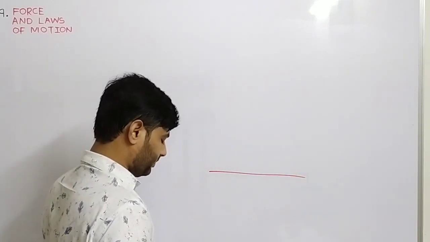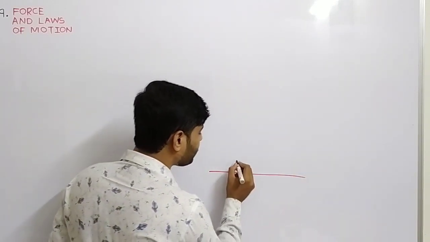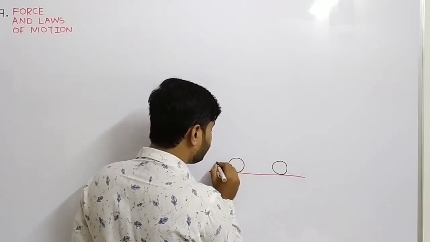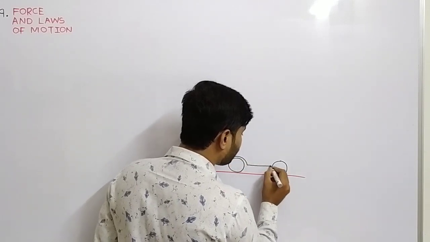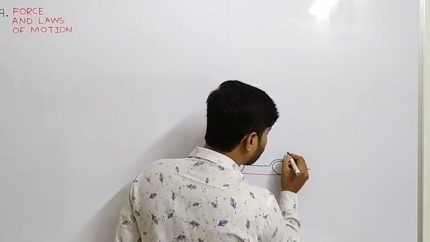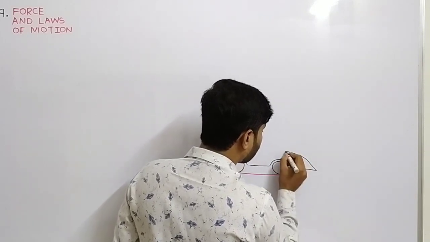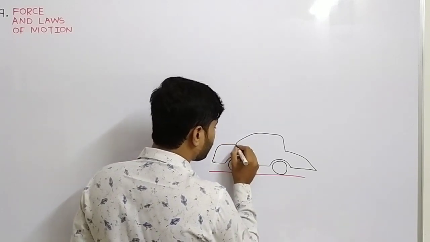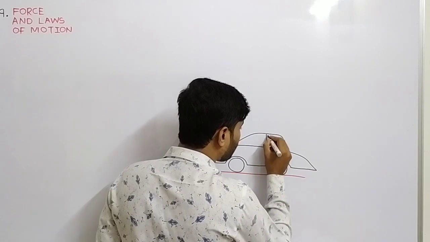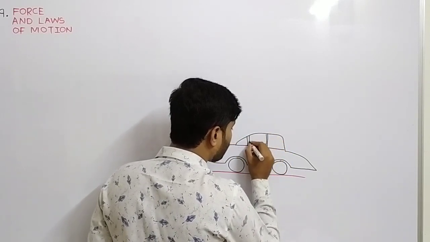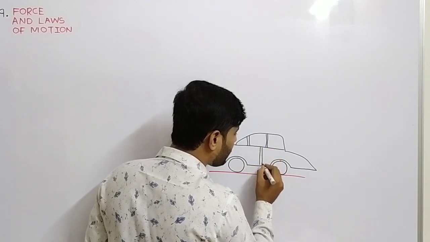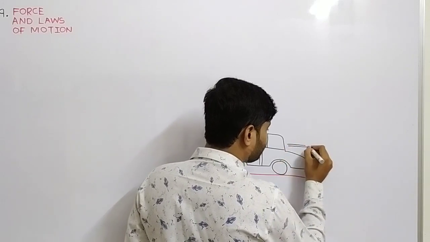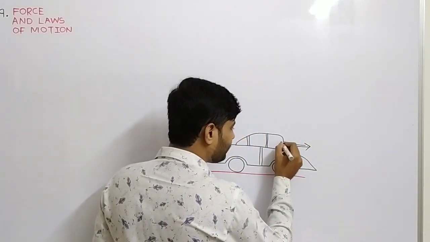Here we have a road, and on this road this car is moving in this direction with high velocity.